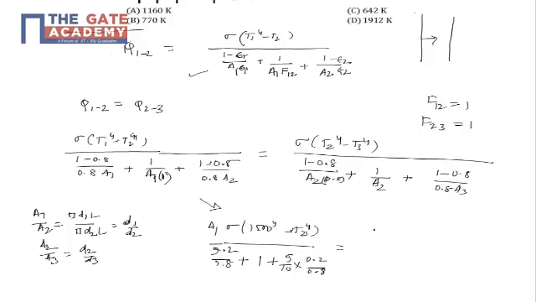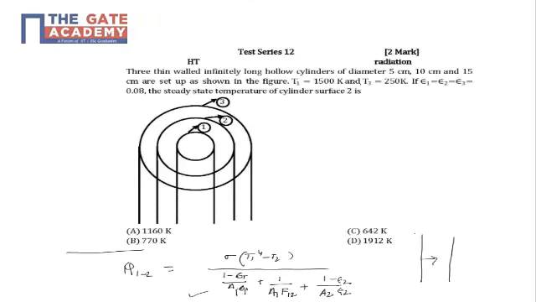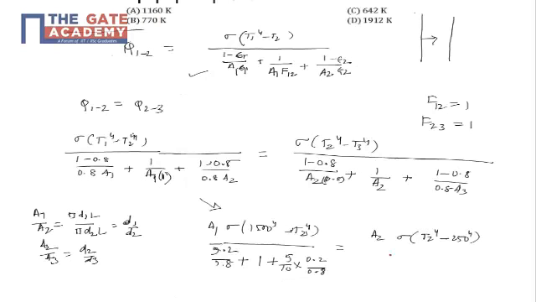On the right side, if you multiply the numerator and denominator by A2, sigma T2 power 4 minus T3 power 4 is what I need. Let's check T3: yes, T3 is 250 Kelvin, directly given in Kelvin, so we substitute it directly.